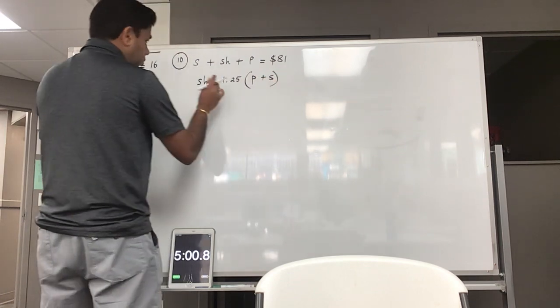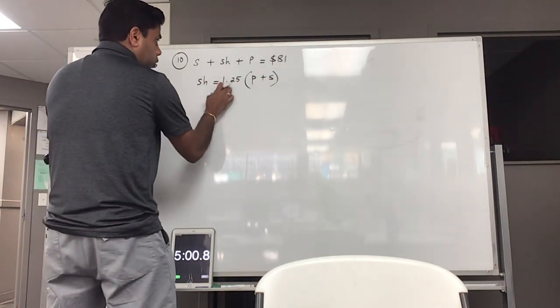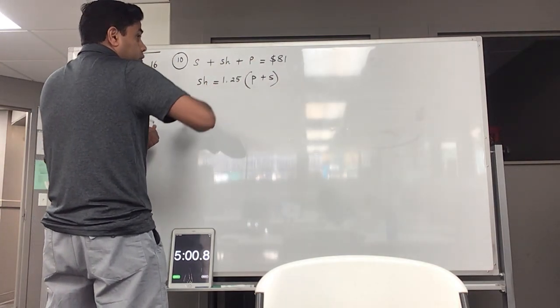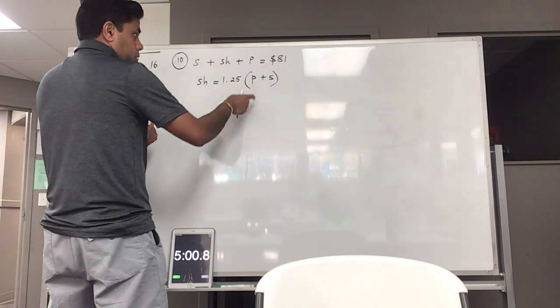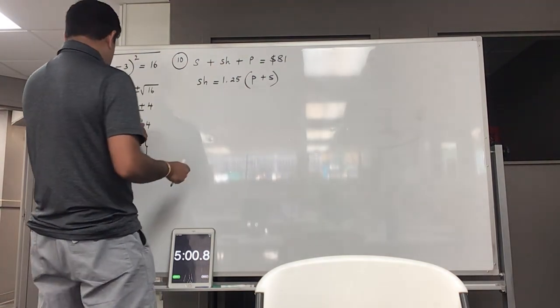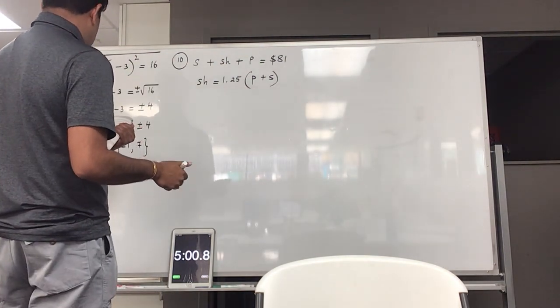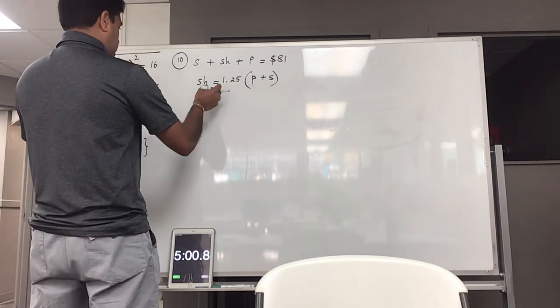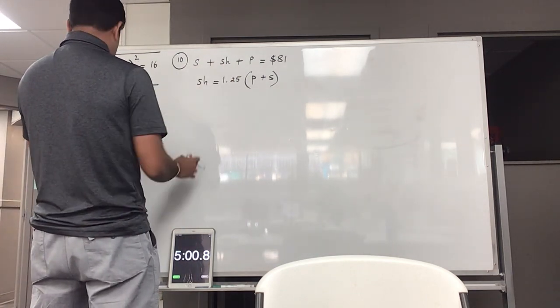I want to explain why it's 1.25. It's not just 25%, it's 25% more. So this equation is important. How much were the shoes? We're going to combine this into this equation.